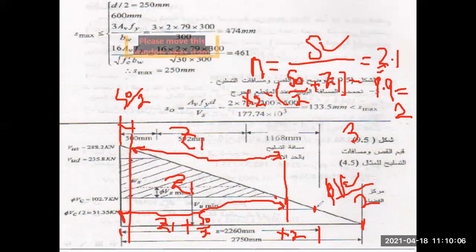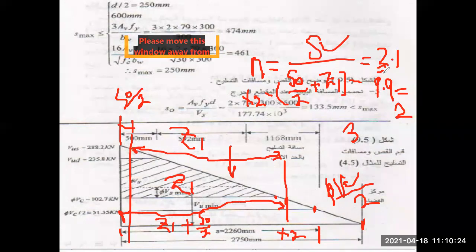Because what you have designed for this side of stirrups, you multiply it by 2, you get the other side reinforcement. So the number of stirrups you have designed for this side, based on symmetry, the other side should have the same number of shear reinforcement. So you just multiply it by 2.